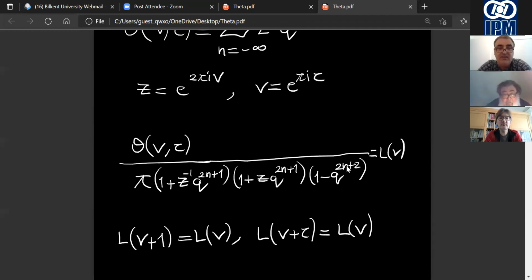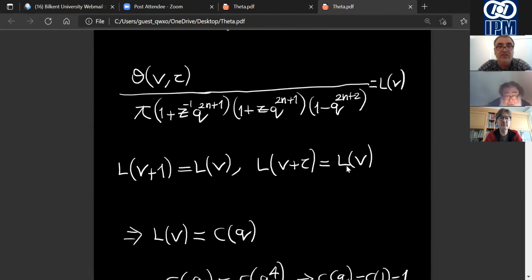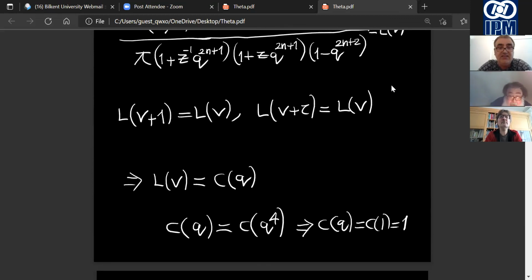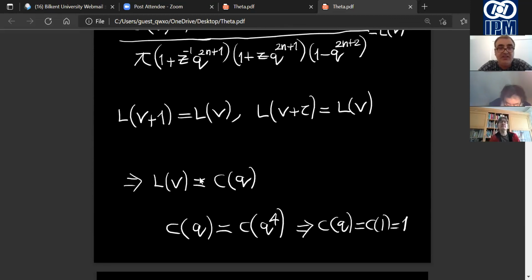To find that constant, for example, Gauss showed that this constant was 1. Basically this expression as a function of v is a constant, call it C of q. Using simple properties of theta functions, Gauss shows that C of q equals C of q to the 4. Q here is a complex number less than 1 in absolute value.